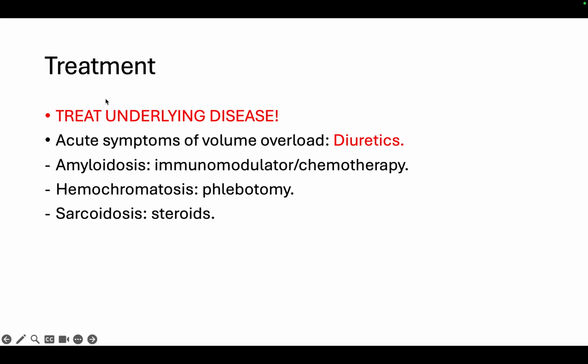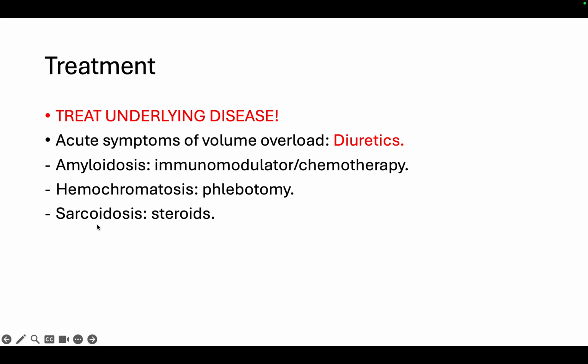So treatment for this, the boards will only ask you to treat the underlying disease. For example, if it's hemochromatosis, they have bronze skin, a little bit of cirrhosis in the liver, treat the hemochromatosis, do phlebotomy. If they confirm it's amyloidosis, I believe this is treated with an immunomodulator chemotherapy agent. Again, in PA school, you don't really learn too much about this disease, just know what it is.